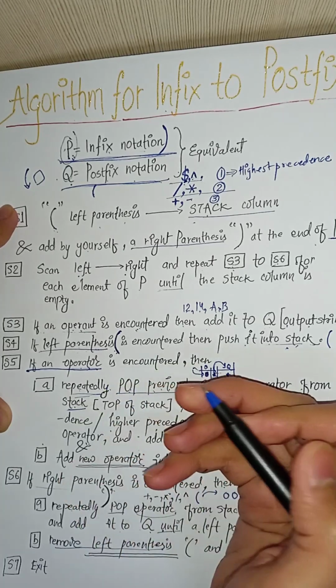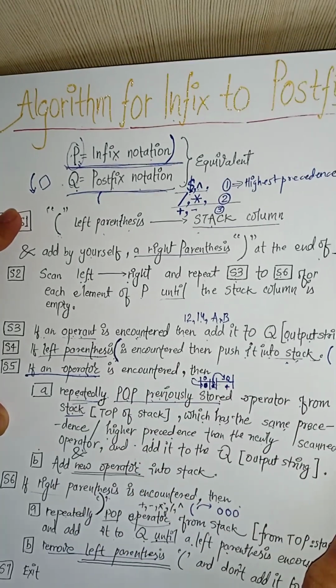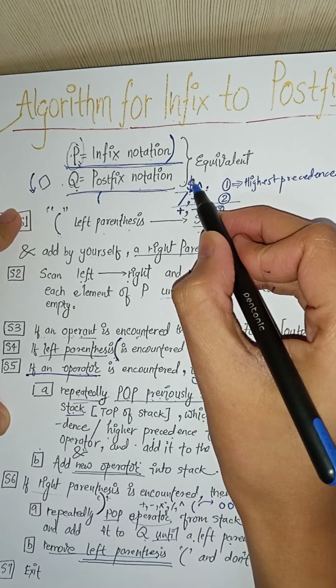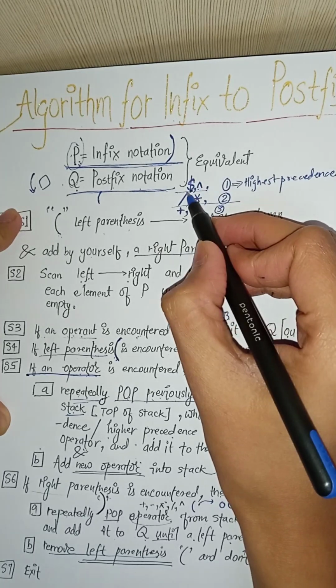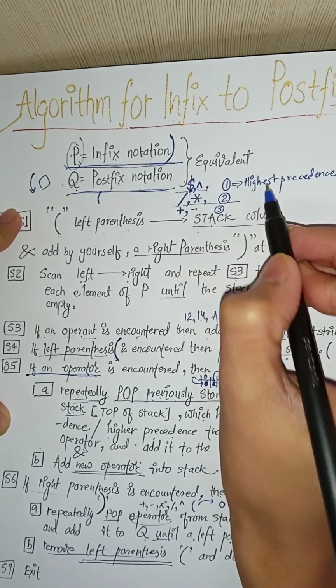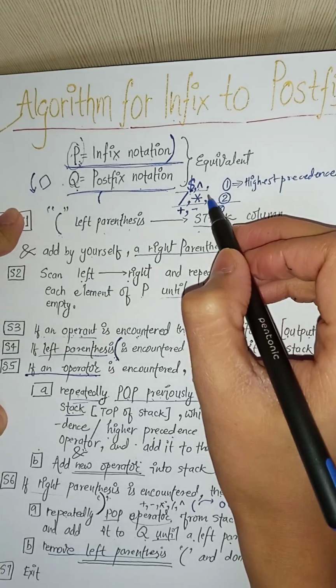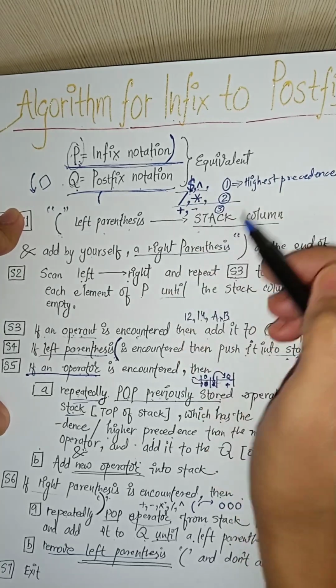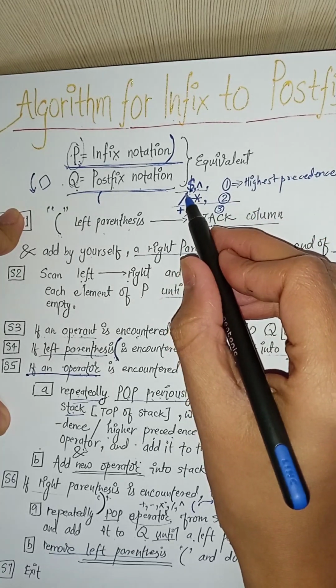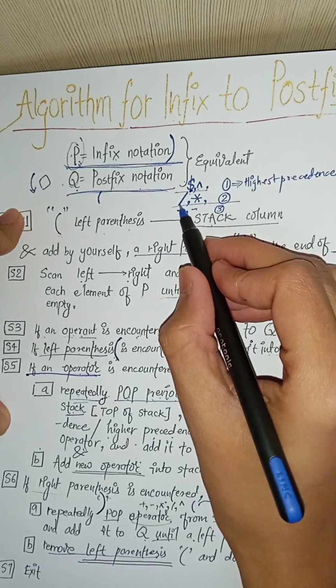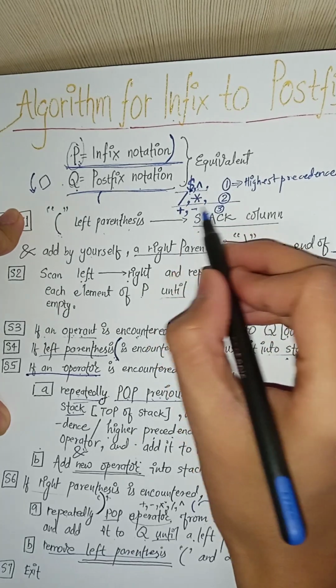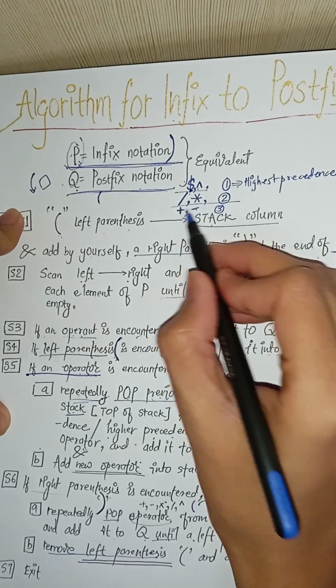Like multiplication, addition, division. For operators I would like to tell you the order of precedence. The highest order of precedence is dollar and power, the second is division and multiplication, and the third order is plus and minus.